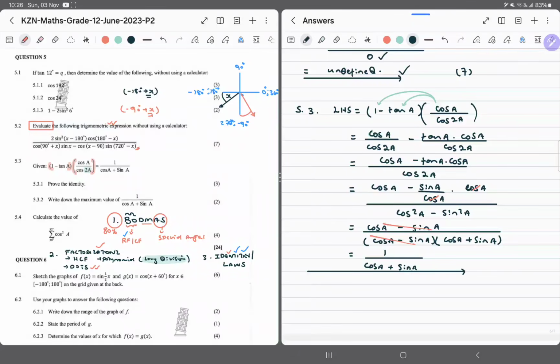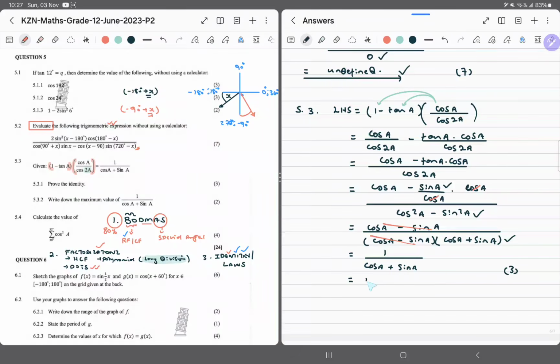Okay, so what is important here, guys, is using this tan identity and this one here also, expanding that cos 2a. Any factorization is mark worthy. How many marks were we scoring here? Just 3 marks, and that's it. Okay, so first of all, mistake in there.